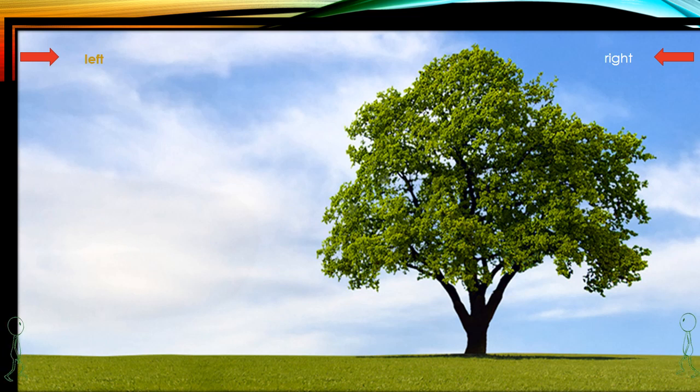If you observe the diagrams there, one boy is moving from left to right and observing the tree. Another boy is moving from right to left and observing the tree. The boy who goes from left to right says the tree is on his left side.